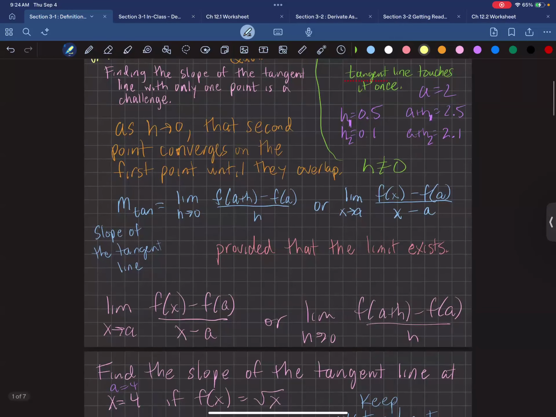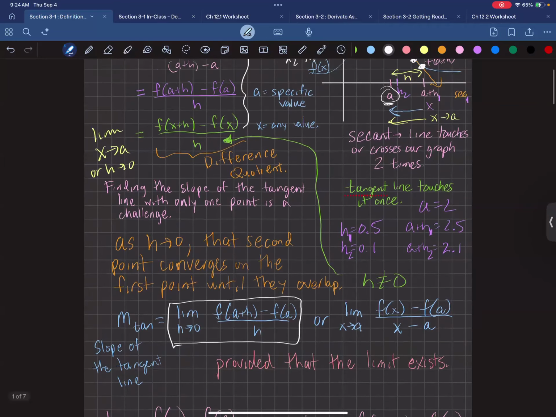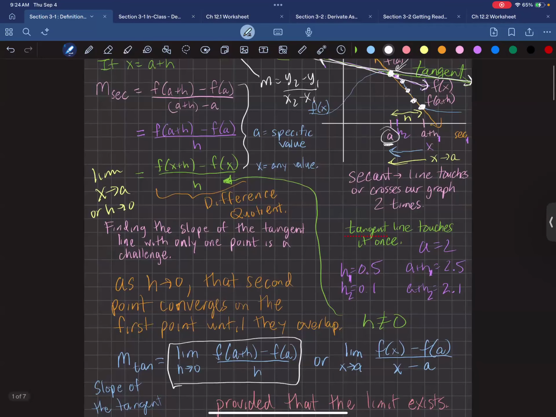So we get down here. To get the tangent line, we can either do the limit as h goes to 0. And this f of a plus h minus f of a over h literally stems from plugging in x equals a plus h up here into f of x.